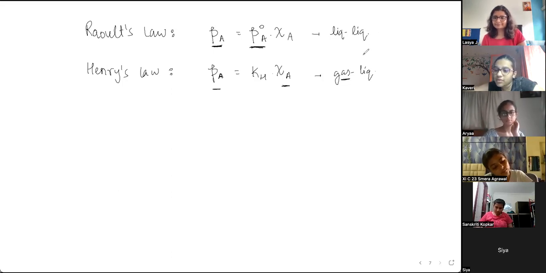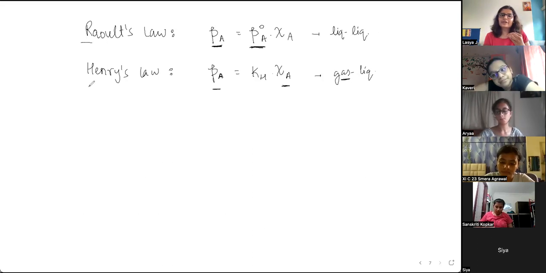This is again hypothetical, because numerically you can see that Raoult's law and Henry's law are very similar to each other, right? So we can consider Henry's law as a special case of Raoult's law.